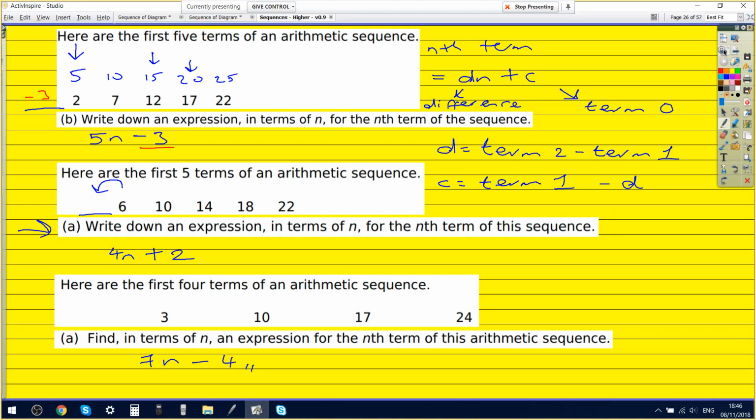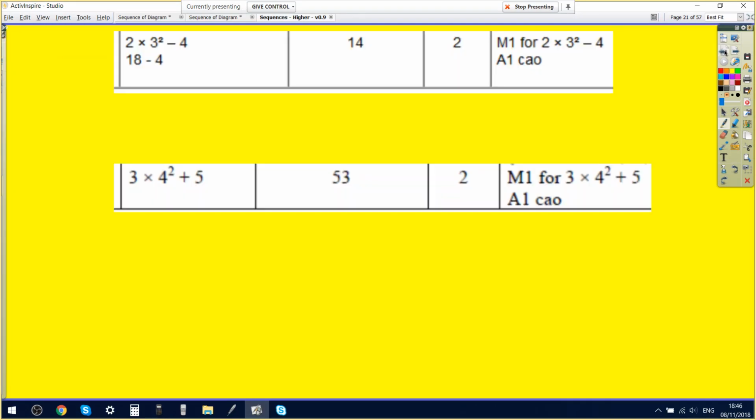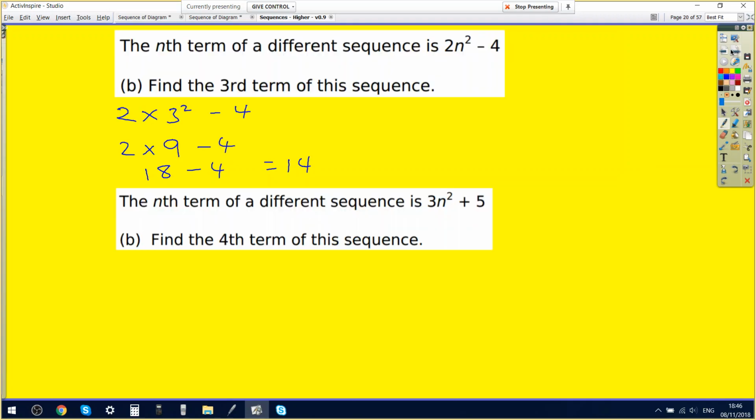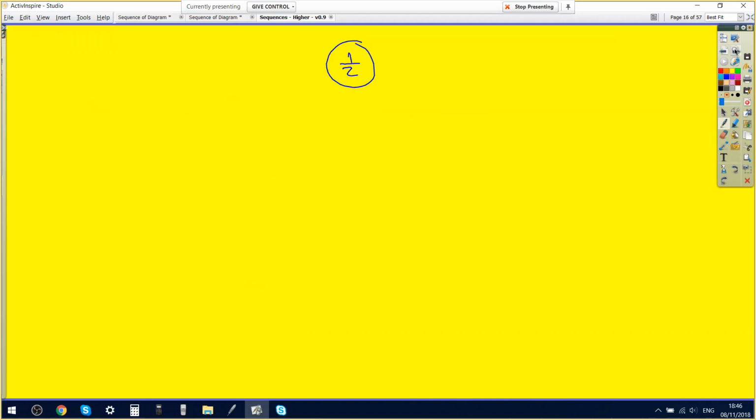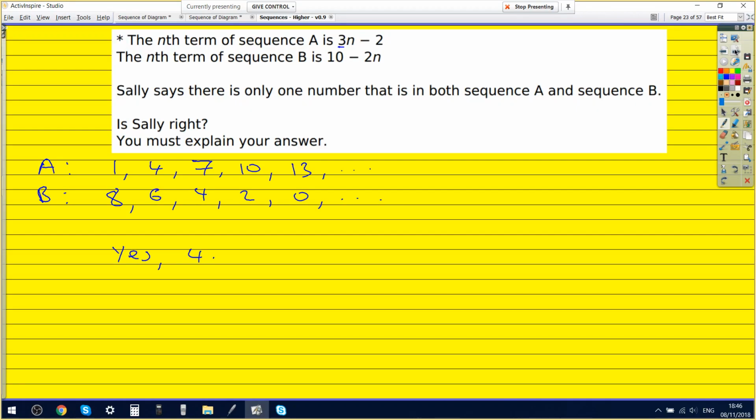No. Look, we did them here. 2n plus 1, the third term is 2 times 3 plus 1. 20 minus 5n, the 10th term is 20 minus 5 times 10. Basically, n is the pattern number, the term number.